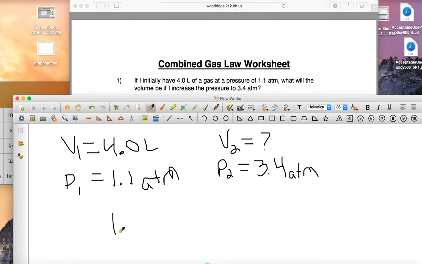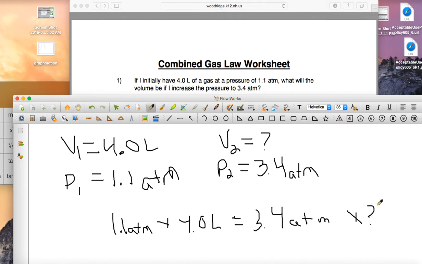So I'm going to take P1, so 1.1 atm, times the 4 liters, equals 3.4 atm times the final volume, which we're not sure of, question mark liters. Okay, so we're just going to solve here, simple algebra. We've got 1.1 times 4.